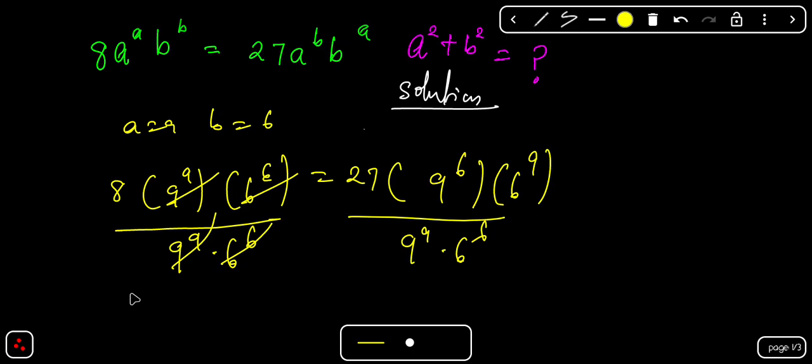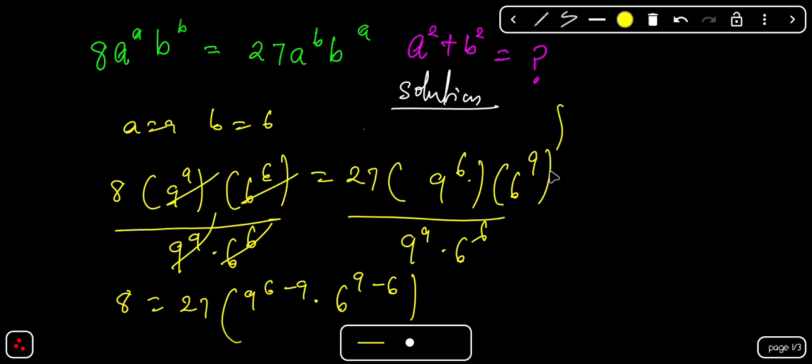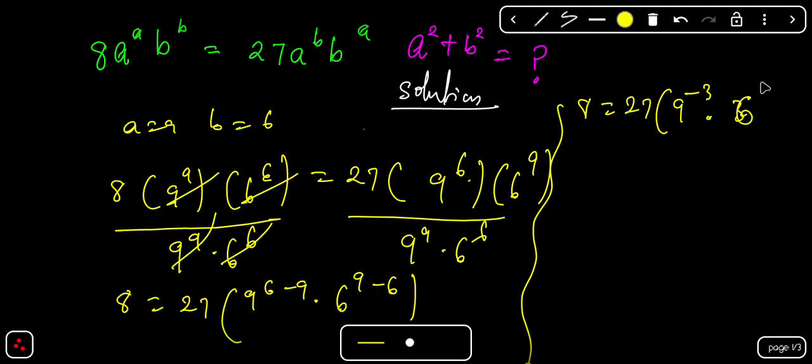So what you have now is 8 equals 27 into 9 raised to the power of 6 divided by 9 raised to the power of 9. That means 9 raised to the power of 6 minus 9, then multiply by 6 raised to the power of 9 minus 6. Okay. So we're going to have 8 equals 27, then 9 raised to the power of negative 3, then multiply by 6 raised to the power of 3.